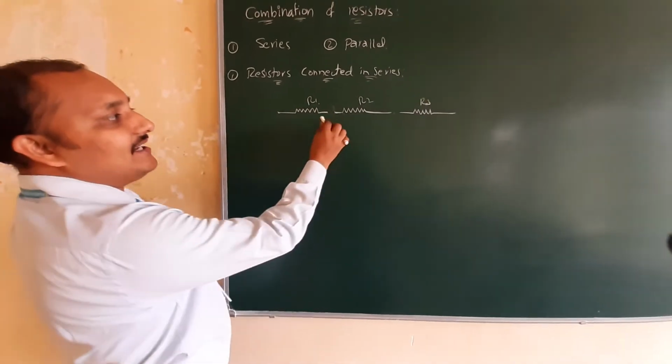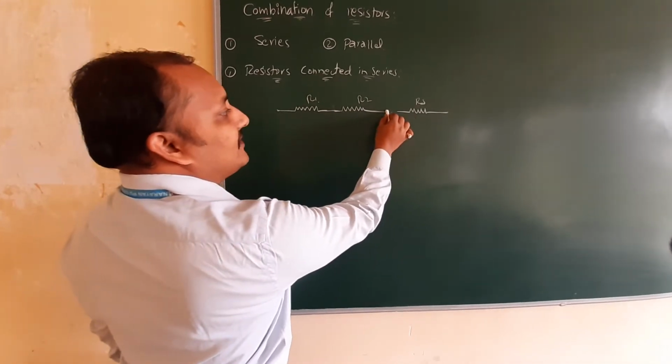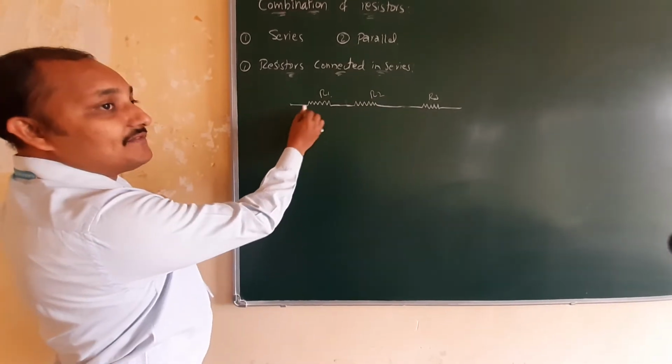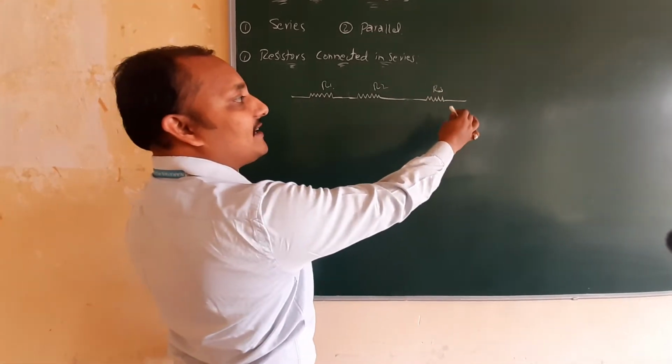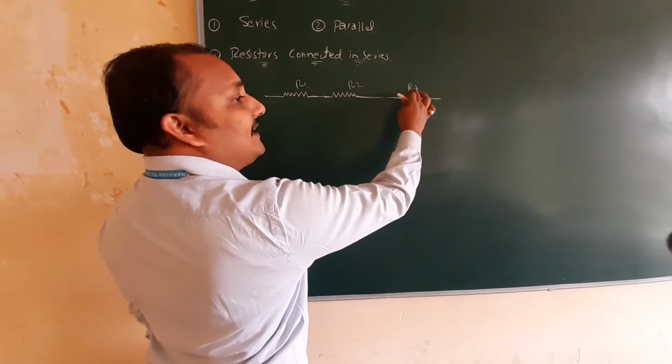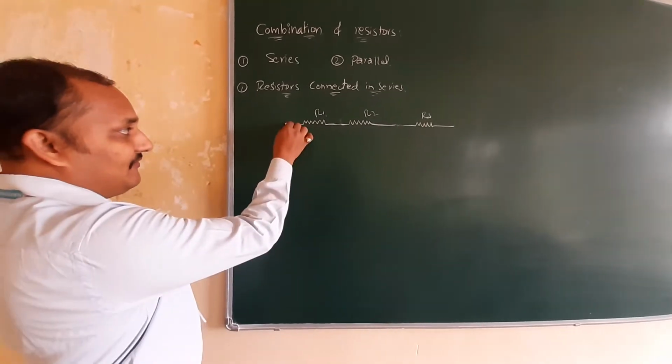So what is series connection? End to end. The second end is connected to the first end. The first end of the first resistor and the second end of the third resistor remain free. If n resistors are connected, the second end of the nth or last resistor should be free.